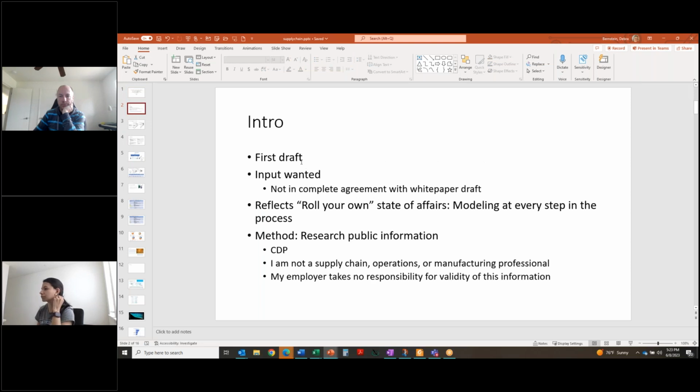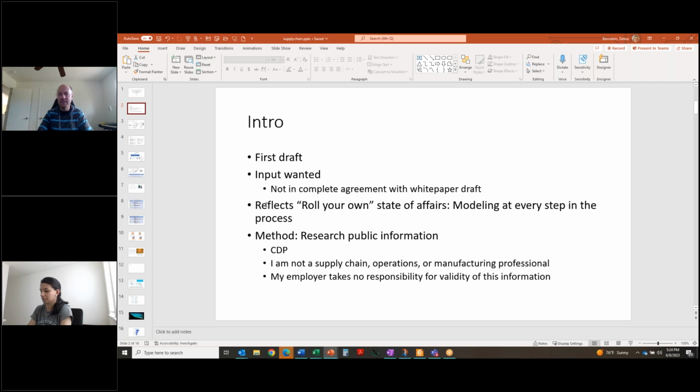Yeah, so these are sort of the caveats for the smaller group that we talked through last time. We did have the first talk, and it seems like maybe this is going to stick to some degree. But we definitely want input. Not everything that's stated here is in complete agreement with the current white paper draft.